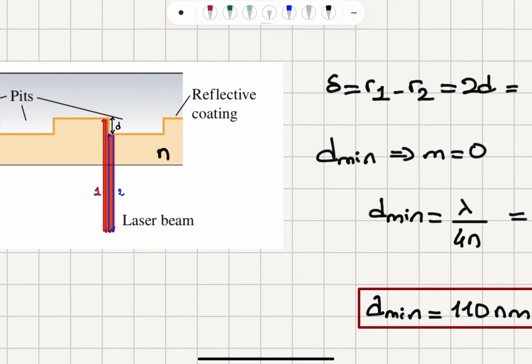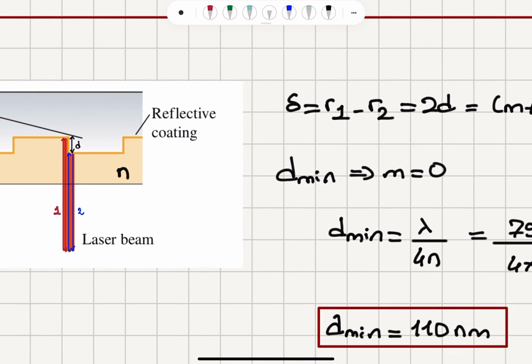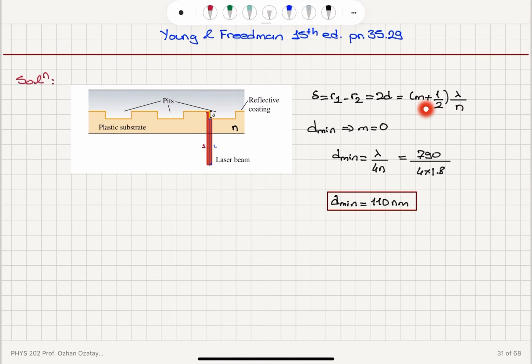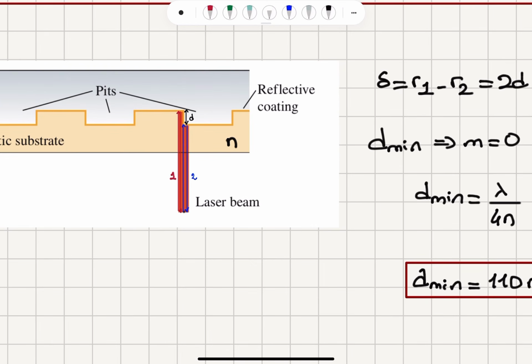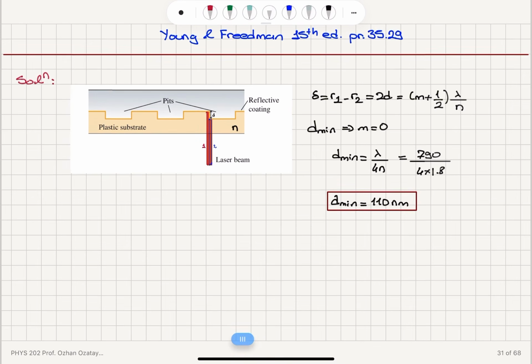And if you look at the path difference between these two rays interfering on the other side, these two rays are coming at normal incidence, and so they will be meeting at the same point on the other side. So we will have destructive interference when the path difference that develops between the two, 2d, so that's for the incidence and retroreflection, giving us total path difference 2d, is equal to (m plus 1/2) lambda, where lambda is now the wavelength in the plastic substrate, so that's lambda in air divided by n.